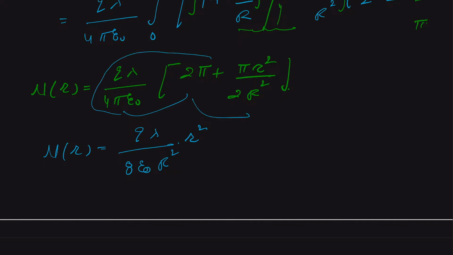The first part will be entirely constant, not dependent upon r, so we can simply ignore it. That is only a constant addition. So we are only interested in the part which is dependent upon r. Okay, because r is the distance through which the particle at the center is being moved. So we are only interested in this r. This constant part is simply an additive part, nothing more than that.